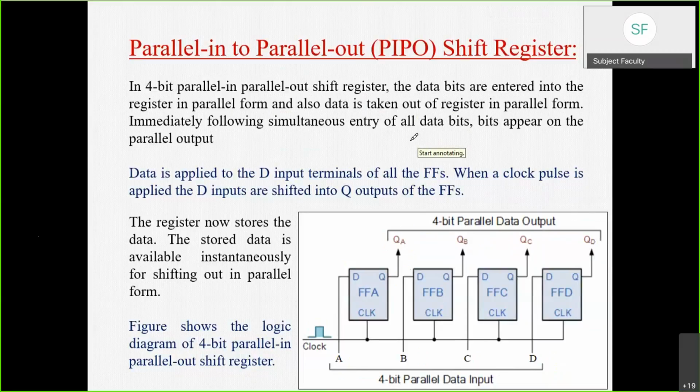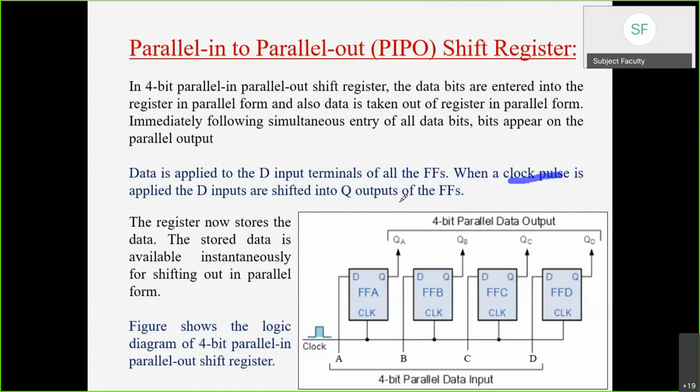Just after one clock pulse, we are getting the output data bits. The data is applied to the D input terminals of all flip-flops, and when the clock pulse is applied, the D inputs are shifted into the Q outputs.